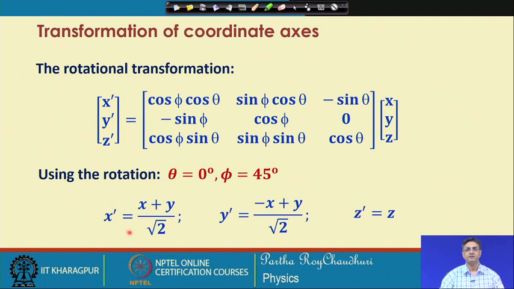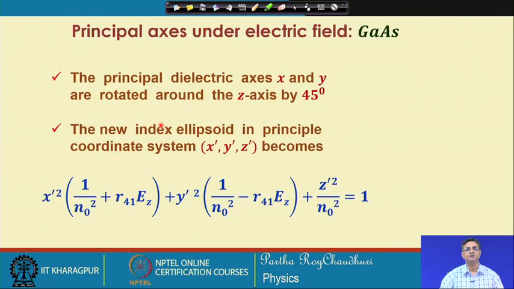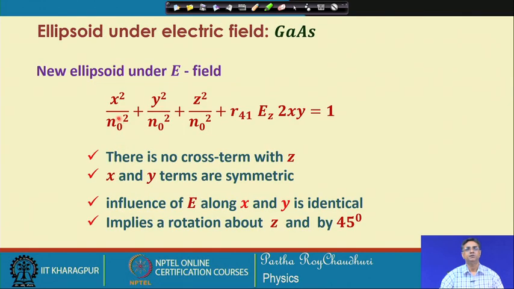Now, this is the transformation that is required to make the coordinate system coincide with the principal axis system of the deformed ellipsoid. But the reverse transformation is required because we have this equation in hand in x, y and z. So, we have to substitute for x, y and z by x dash, y dash and z dash.